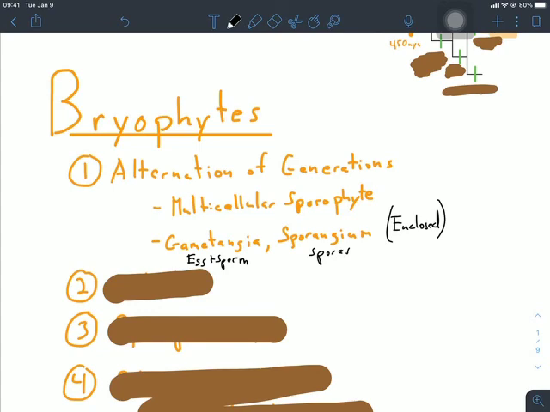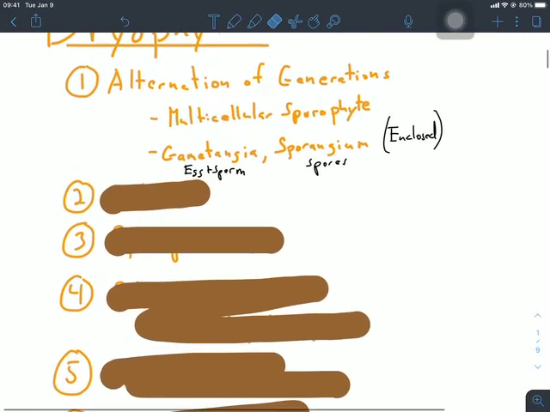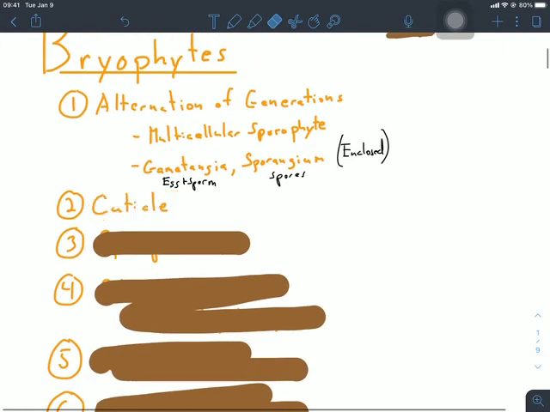The next couple innovations we will list actually have to do with protecting our land plants from drying out. Notably, the bryophytes develop a cuticle, a waxy layer on the outside of their cells.